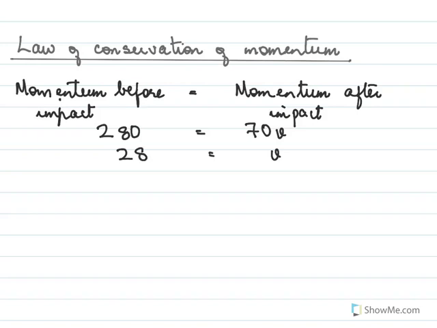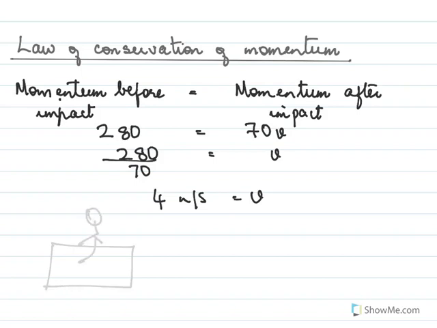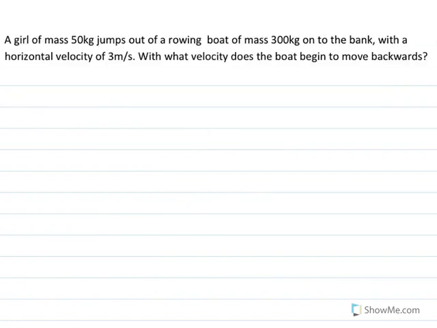So v will be 280 over 70, and that is 4 meter per second equal to v, which means after impact you have the trolley, and over the trolley is the boy, and they both move together with 4 meter per second after impact.